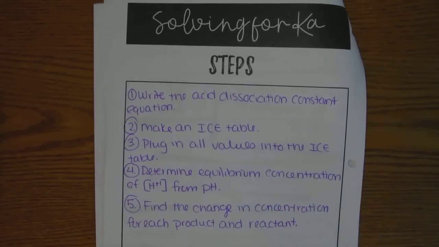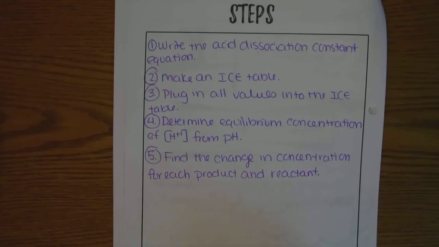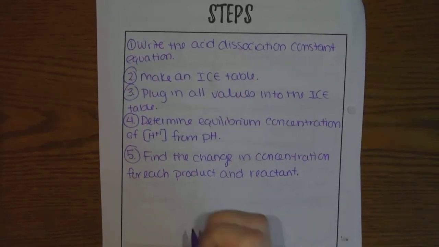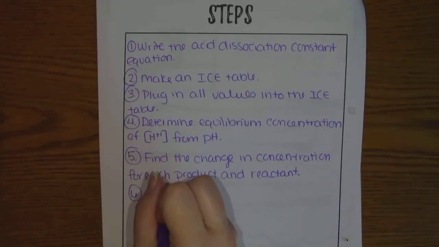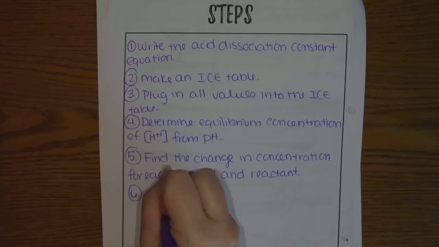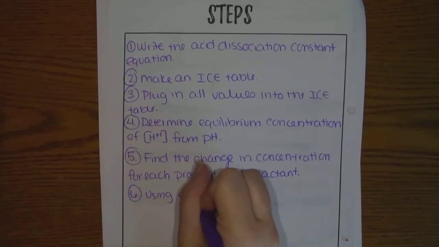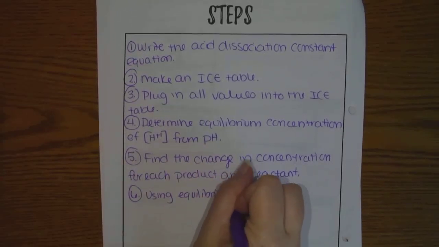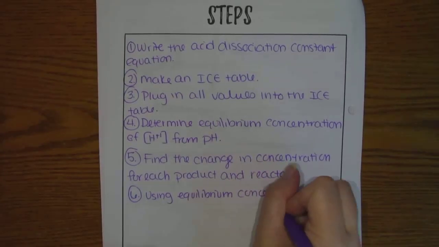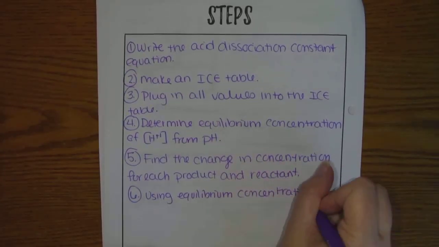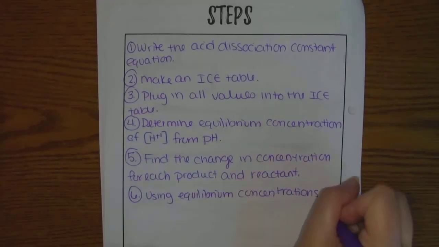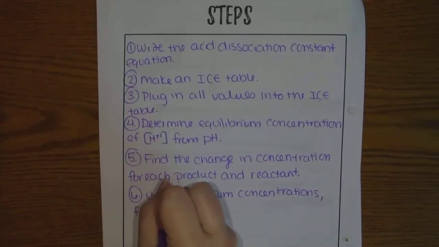Using that change, you'll be able to find the equilibrium concentrations of all of your products and reactants. And then you're going to use these equilibrium concentrations to find Ka.